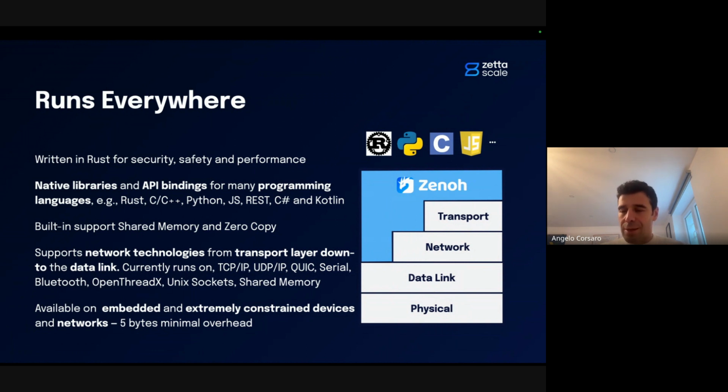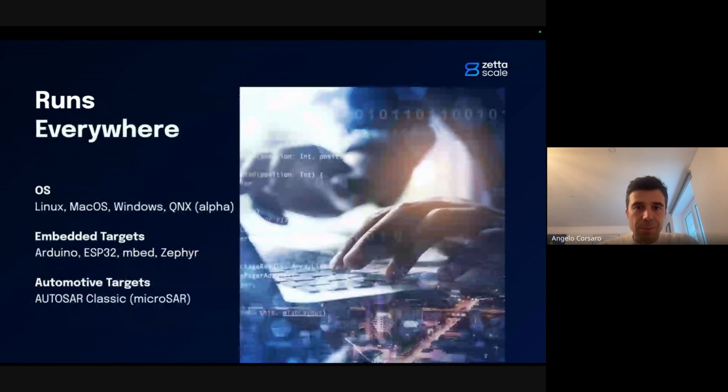Which very quickly tends to 3 bytes. If you're interested in a wire protocol comparison or analysis, just put a note, and I will put some links to a presentation that I did at the Eclipse conference a couple of months ago that was precisely doing that.